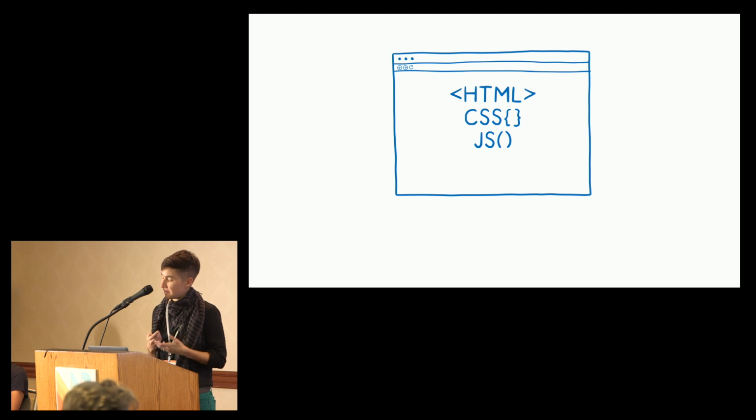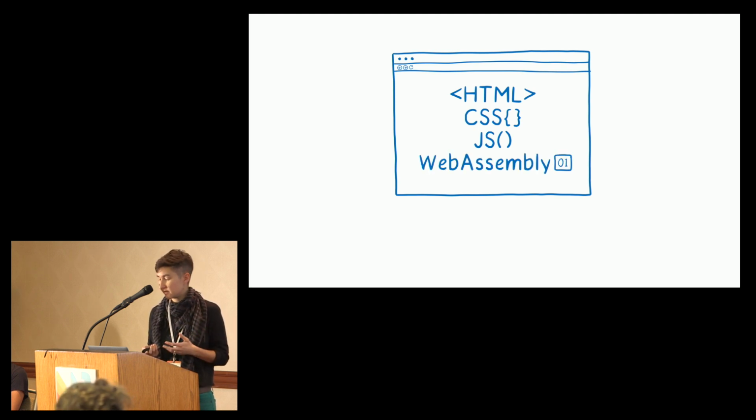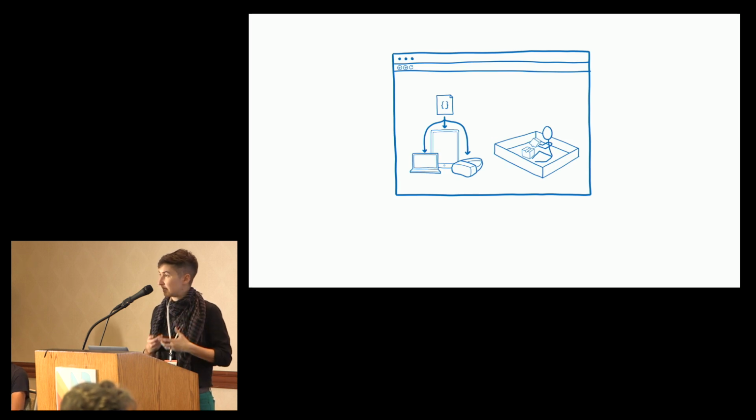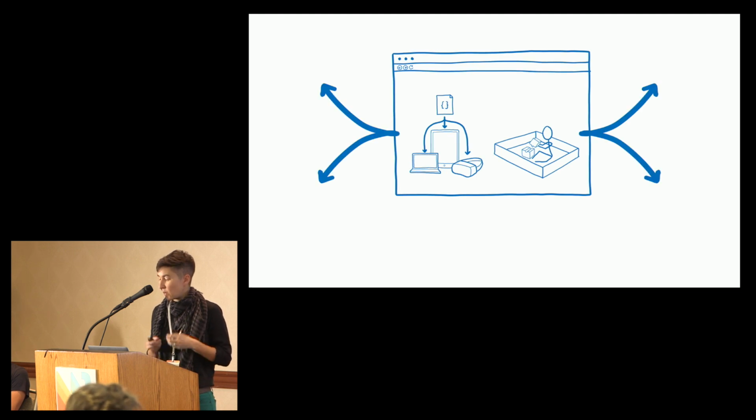You can think of WebAssembly as just another tool in the browser's toolbox, which it is, but it's not just that. WebAssembly also gives us a way to take these other two capabilities of the web, the portability and the security model, and bring them to other cases that use them too, that need them too. We can expand the web past the boundaries of the browser.